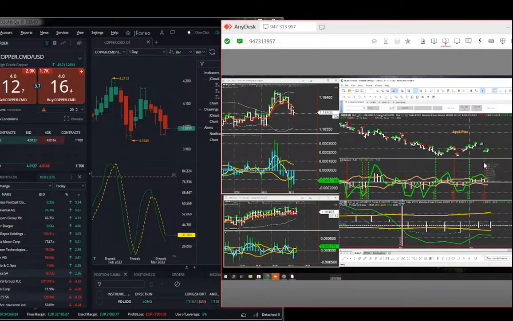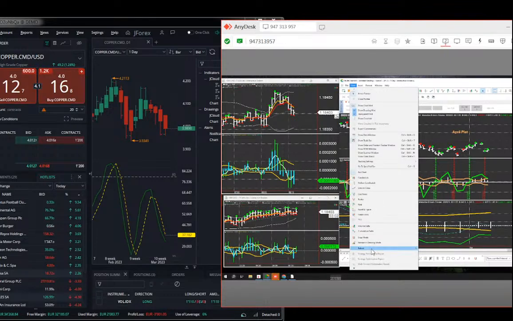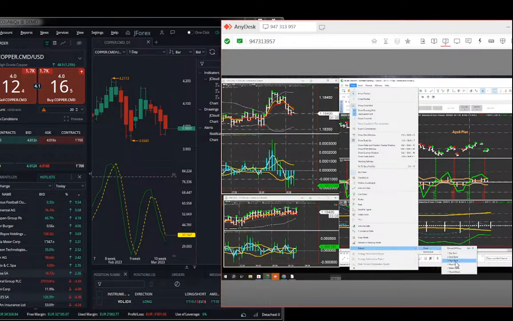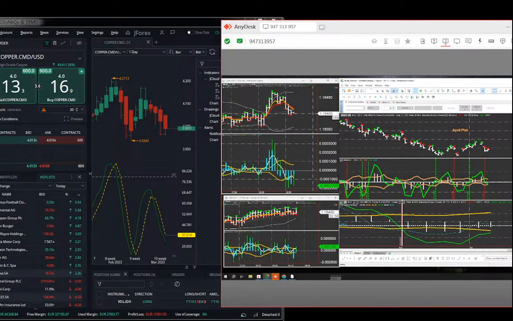It was showing life yesterday. We need to reload this thing. Something looks a little funky about it. There we go. That's better.